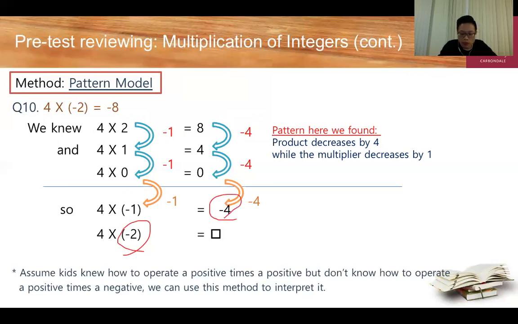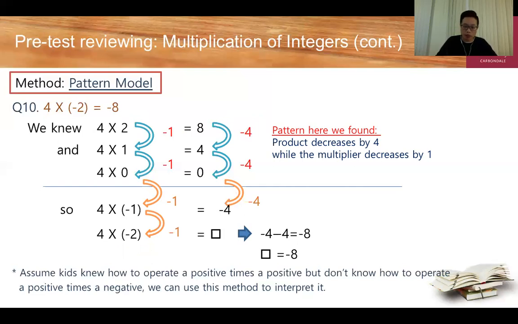So that will be -4 minus 4. The product will be -8. So the answer is -8 for this question, right? So still pretty simple, the same as addition and subtraction by this model, right?